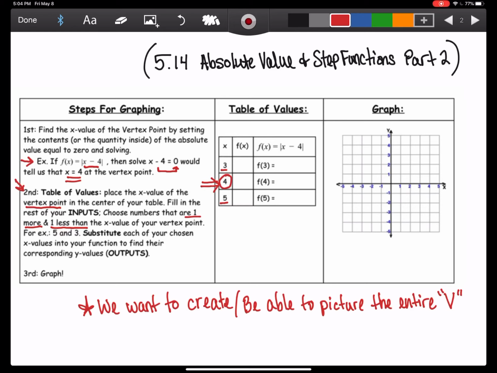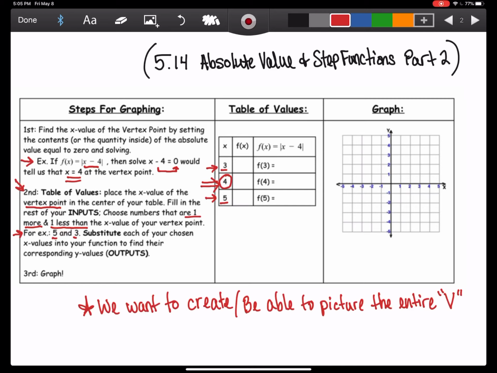Okay. Where did we leave off? Now it says, for example. Right here, we're still in step 2. For example, 5 and 3 are numbers that are 1 above 4 and 1 below 4. Next it says, substitute each of your chosen x values into your function to find their corresponding y values.